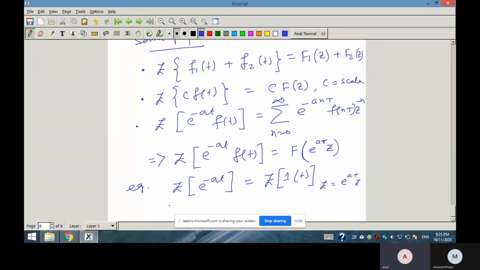So this means the Z transform of e to the power minus aT will be z by z minus 1, that is, e to the power aT into z divided by e to the power aT into z minus 1. So you can write this as z by z minus e to the power minus aT.